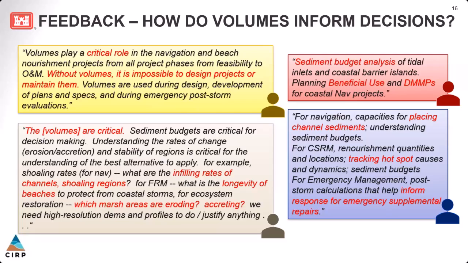So we're eager to see if we can take this concept of partition volumes and get those fed in a meaningful way into the sediment budget development process. And then for ecosystem restoration, there's a question of what marsh areas are eroding and accreting, and then finally for emergency response, that's a time period when we're really tasked with computing volumes.